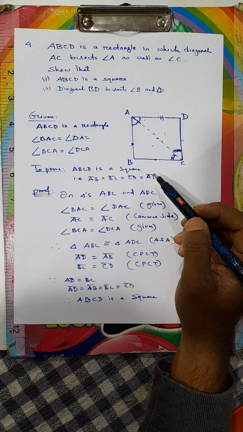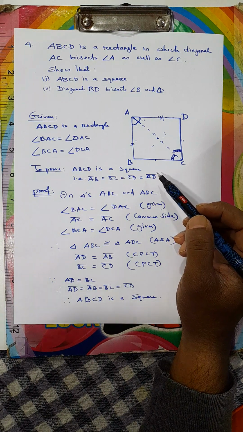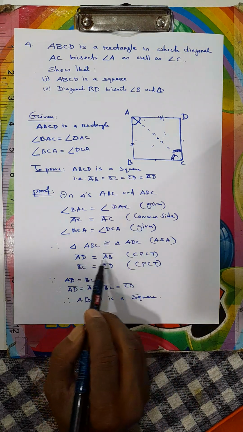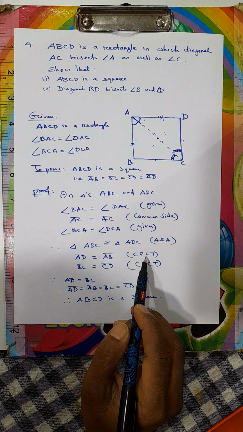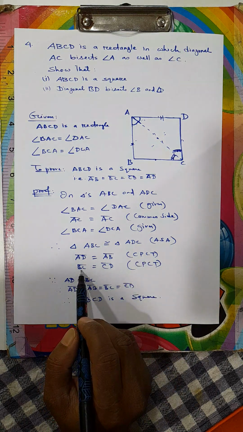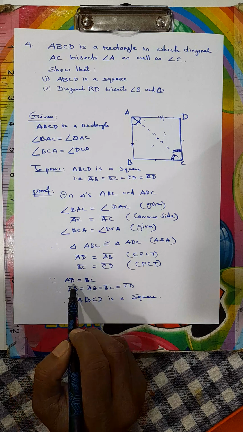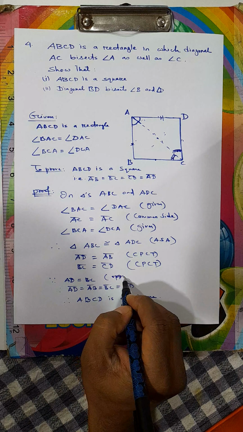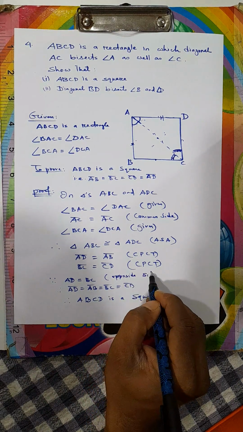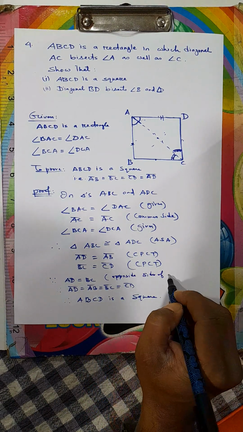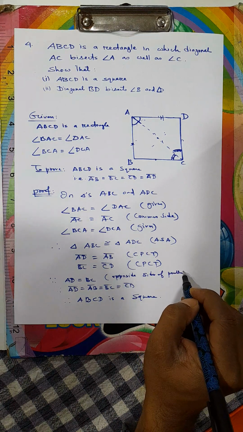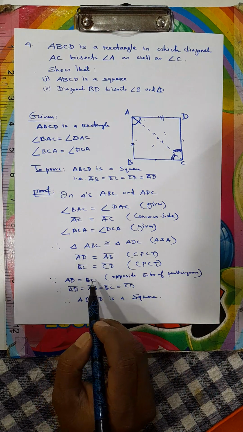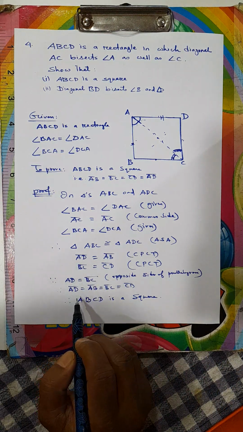A rectangle will be a square when you find that all sides are equal. So here we first prove that AD equal to AB by virtue of CPCT. Then we prove that BC equal to CD, but AD equal to BC. AD equal to BC, why? Opposite sides of parallelogram. Right? AD equal to BC, opposite sides of parallelogram.